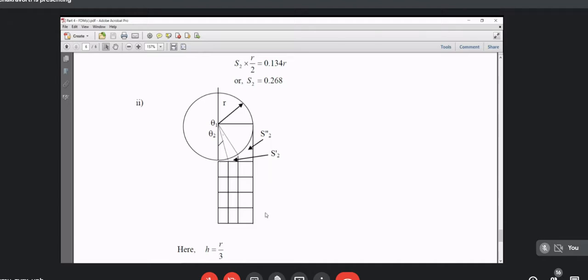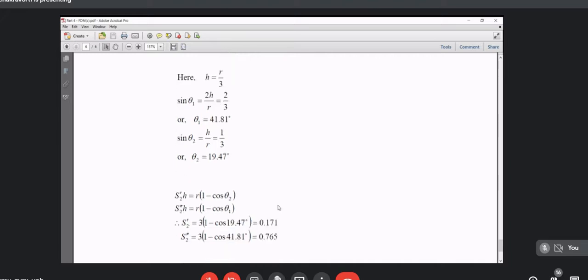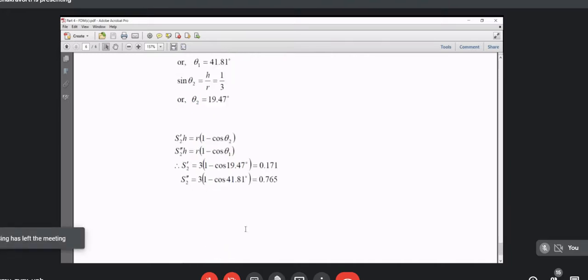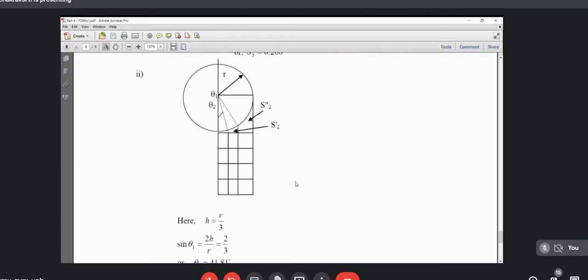Here, h is r by 3, as you can see at the bottom. Apply your knowledge of trigonometry, which has again been explained, and you can find what S2 prime and S2 double prime are. And h, remember, will be r by 3. Such problems will be given in the exams or assignments. You have to find it out.